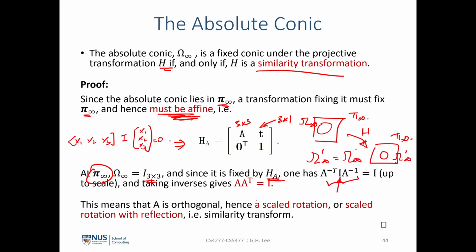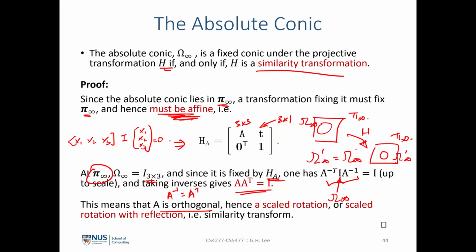Since I here is our conic omega infinity, the transformation A applied on it must bring it back to itself. Taking the inverse, by computing this, we get A multiplied by A transpose equals identity. What this means is that A inverse must equal A transpose, which is the orthogonal relation of the rotation matrix that we have seen earlier when we talked about rigid motion in 3D.